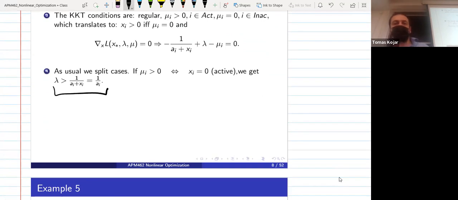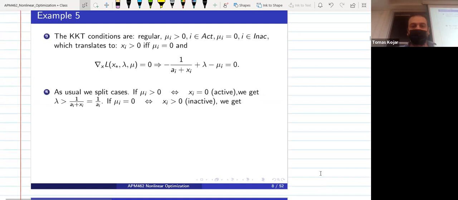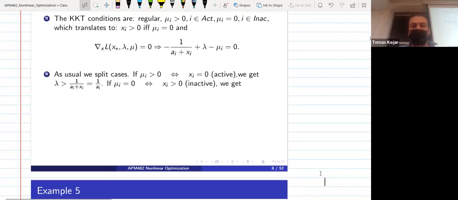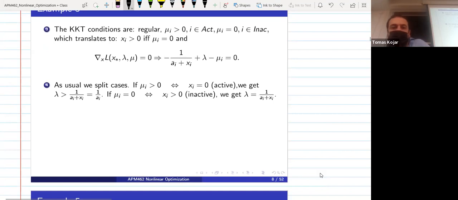But anyway, this is one constraint. Then the second case, suppose it's inactive, then I need to find the xi. When it's inactive, this guy is 0, so you just solve for it.